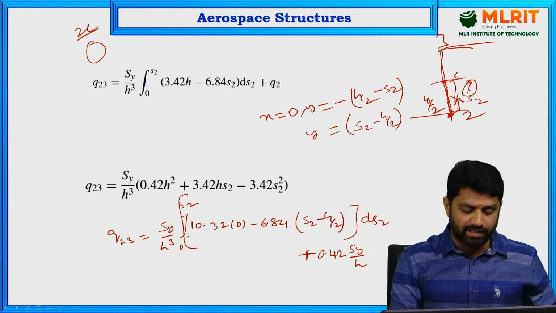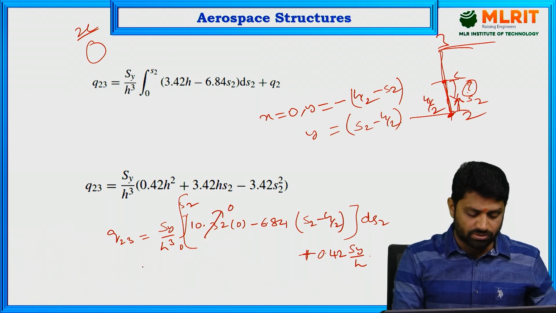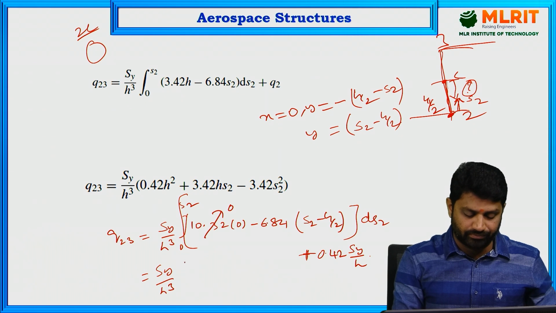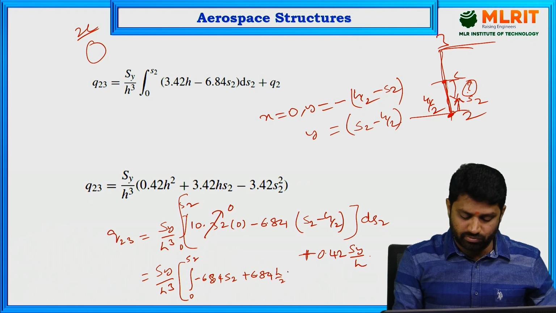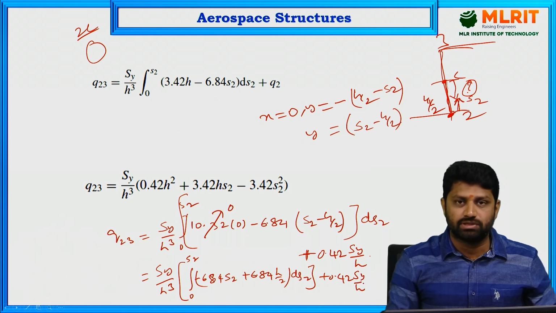Okay, so this again you have to integrate, so this straight away goes to 0, so you are left with Sy by h cube, and here integral 0 to s2, and what you are going to get, minus 6.84 s2 plus 6.84 h by 2 into ds2 plus 0.42 Sy by h. So this is what you are going to get.